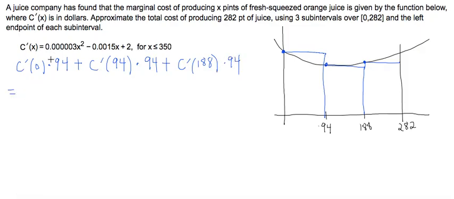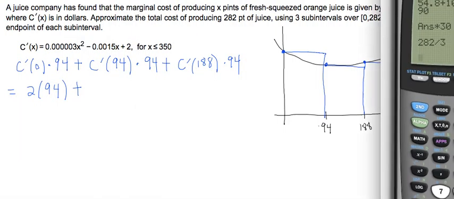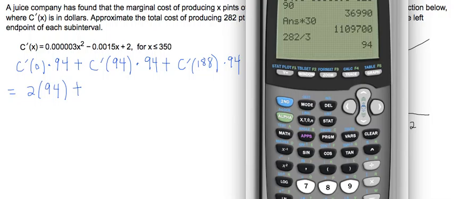So C prime of 0 is 2. Then for C prime of 94 and C prime of 188, I'm just going to have to calculate those out here. Since I only need 2 numbers, I'm just going to type them in directly.